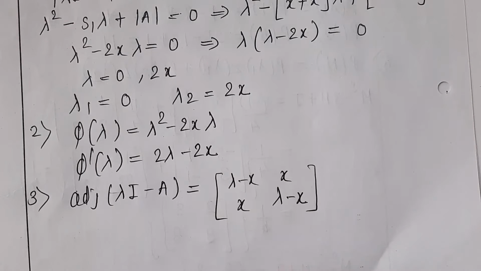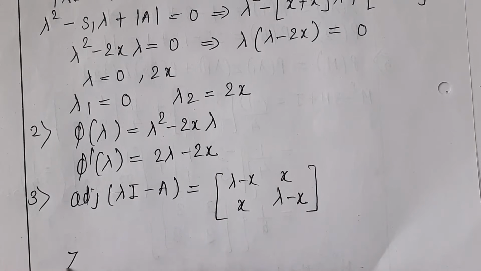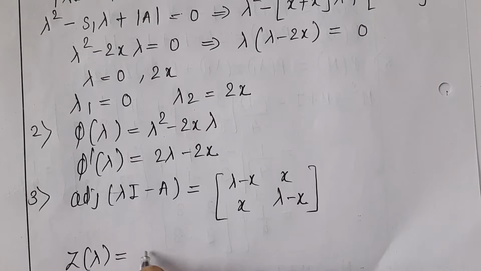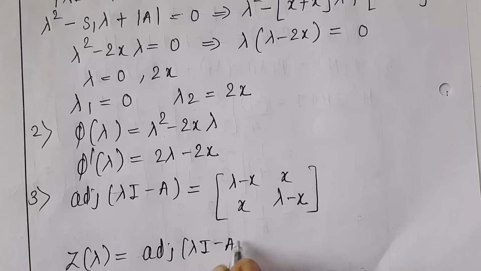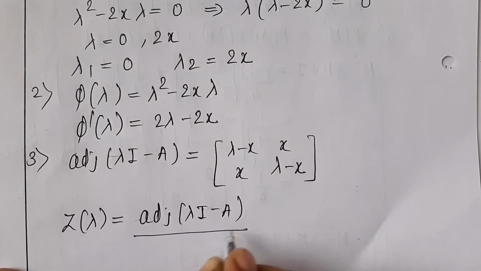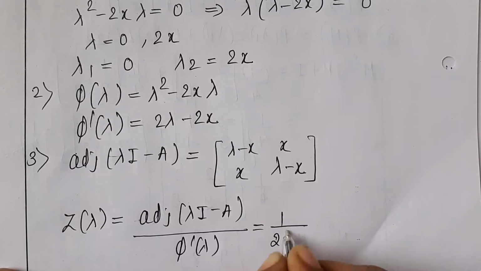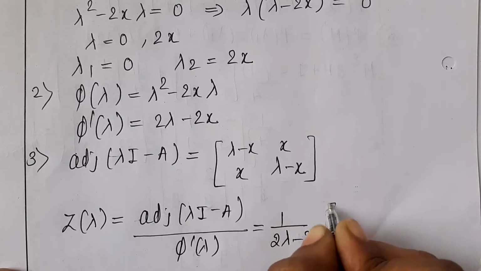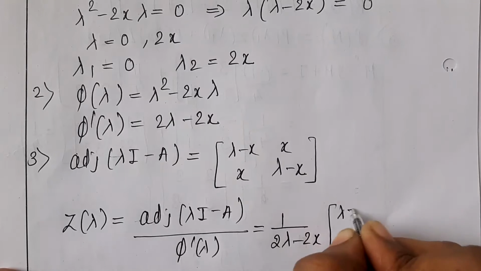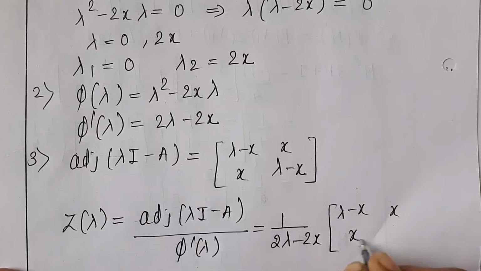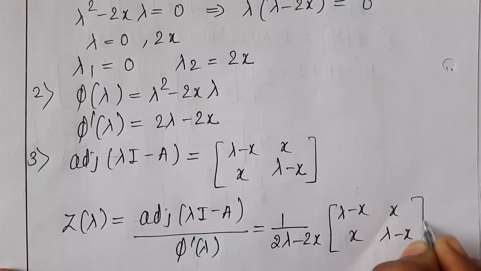Now z of lambda is equal to the adjoint of lambda I minus A divided by phi dash of lambda. So this is 1 upon 2 lambda minus 2x times the matrix lambda minus x, x, x and lambda minus x.